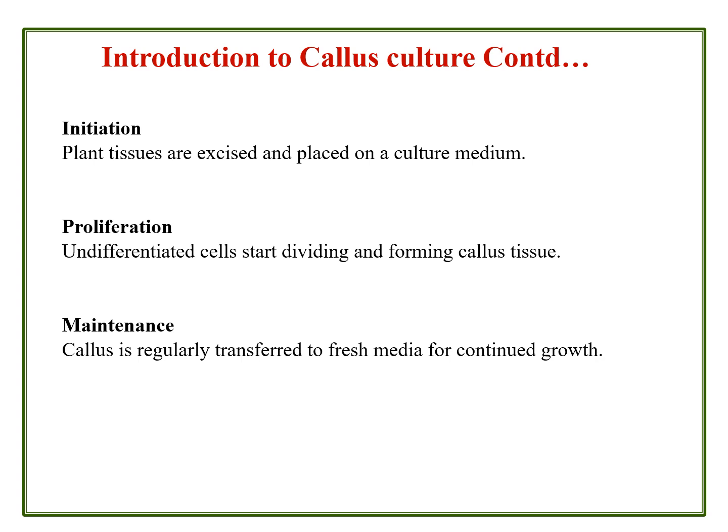So during the proliferation phase, that is the second phase, the undifferentiated cells start dividing and forming callus tissue. Once they acclimatize to the conditions, through lag, log and stationary phases, the undifferentiated cells stay in the stationary phase and may not undergo the decline phase.